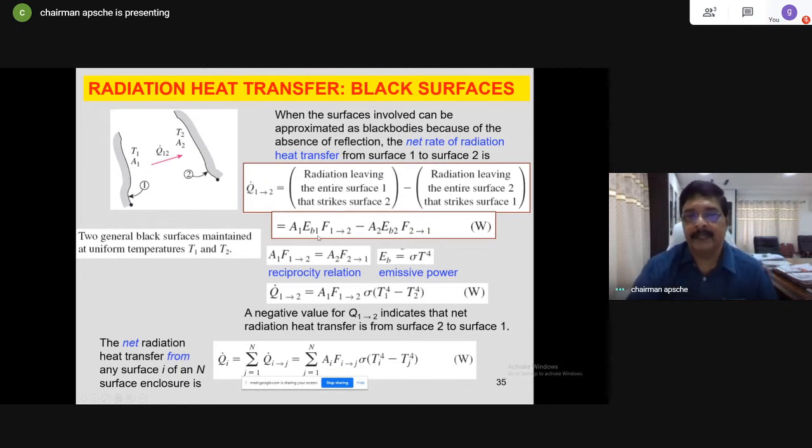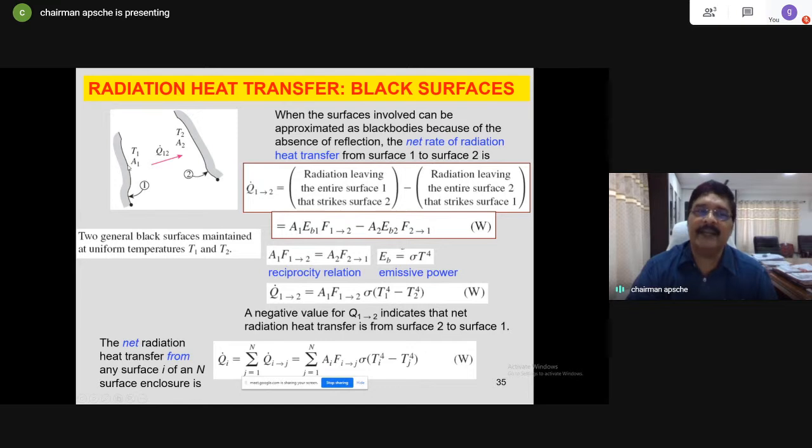That is the idea. So radiation leaving the entire surface 1 strikes surface 2. What is radiation leaving the surface? EB1, if both are assumed to be black surfaces, EB1 is the emissive power of a black body at a given temperature. So its temperature is known. What is EB1? EB1 is equal to sigma T1 power 4. What is the surface area? A1.